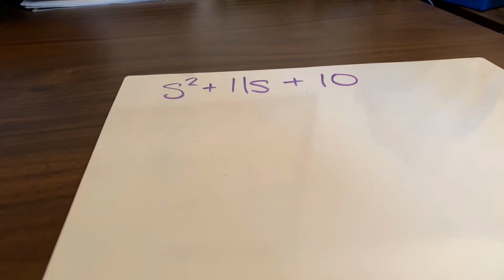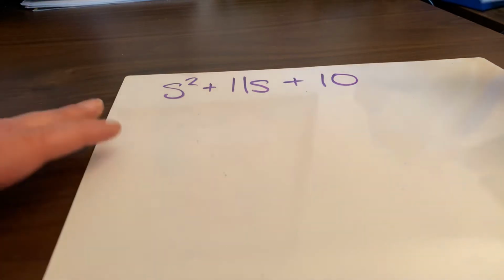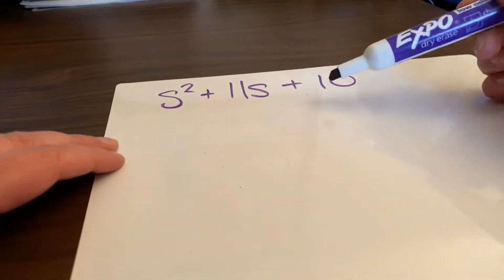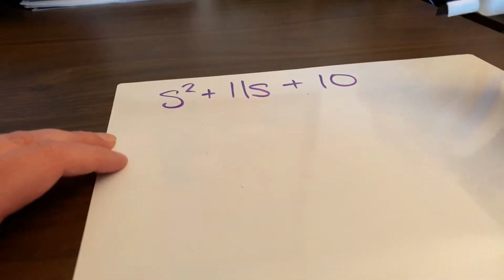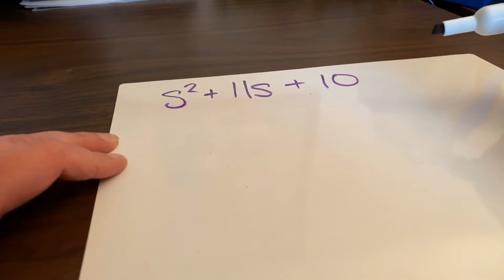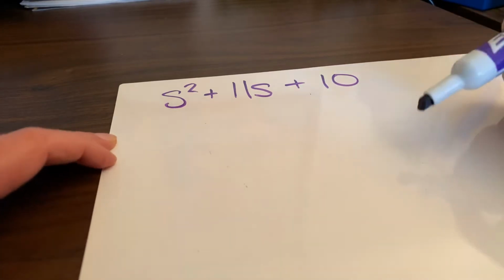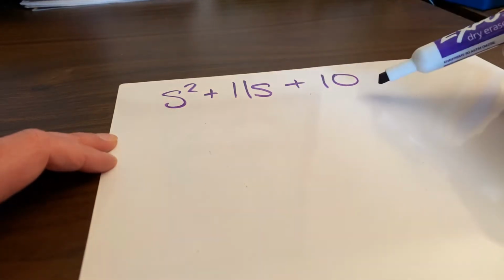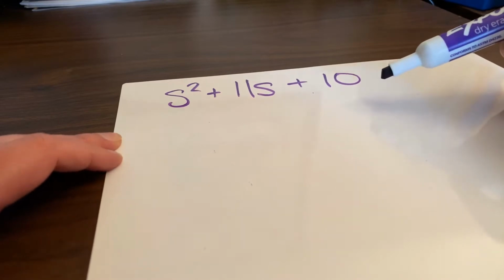We're going to work on more factoring today. Factoring is super fun. I like to think of it as a puzzle. If you think of it as a puzzle and a game, I think you will enjoy it as well. So factoring a trinomial is figuring out what two binomials would multiply together to give you that trinomial, right?